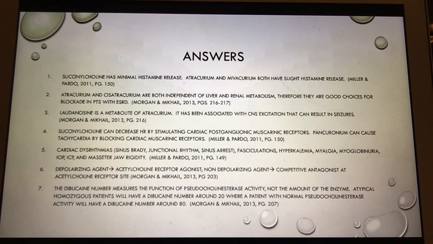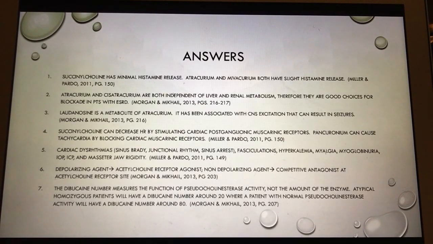Number 4, that was the heart rate. Which drugs affect the heart rate? Succinylcholine can decrease heart rate by stimulating the cardiac postganglionic muscarinic receptors, and pancuronium can cause tachycardia by blocking cardiac muscarinic receptors.